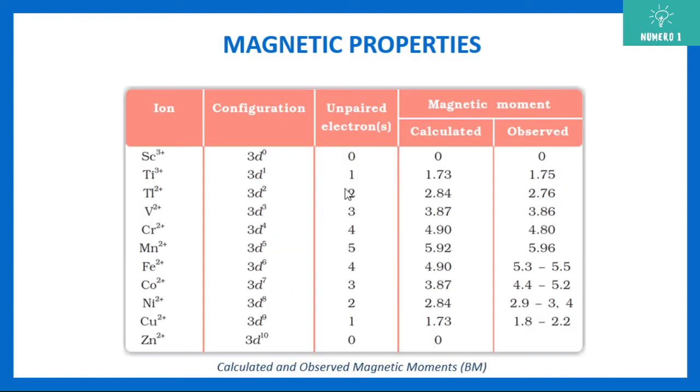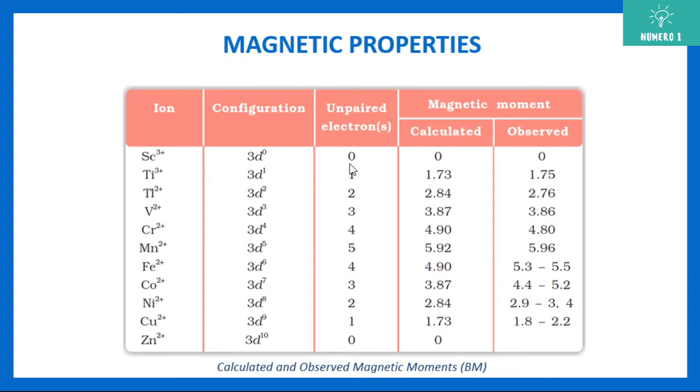Now if you see, these are some of the ions. The configuration is something like this: 3d0, 3d1, 2, 3, 4, 5, 6, 7, 8, 9, 10. The number of unpaired electrons will be 0, 1, 2, 3, 4, 5, and from 3d6 the pairing starts. When the pairing starts, it again goes to 4, 3, 2, 1 and 0.